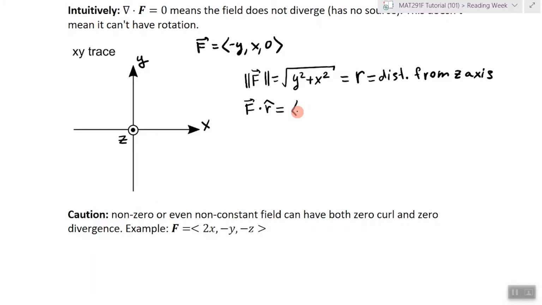This one would be negative y, x, 0 dotted with x divided by square root of x squared plus y squared, y divided by square root of x squared plus y squared, and then 0. This is the cylindrical coordinate r hat vector.